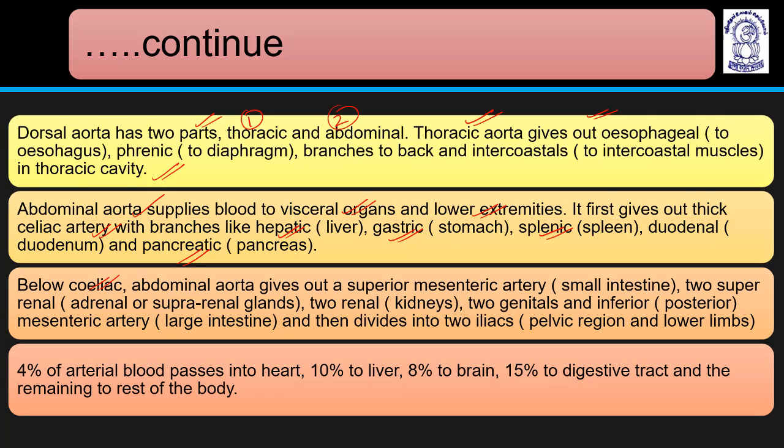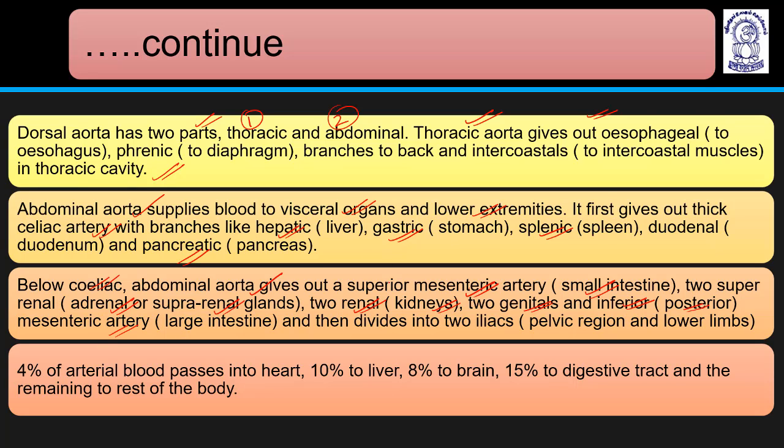and pancreatic to pancreas. Before celiac artery, abdominal aorta gives out a superior mesenteric artery, which supplies to small intestine, two suprarenal arteries which supply adrenal glands, two renal arteries which supply to kidneys, two genital arteries which supply to genitalia, and inferior or posterior mesenteric artery.